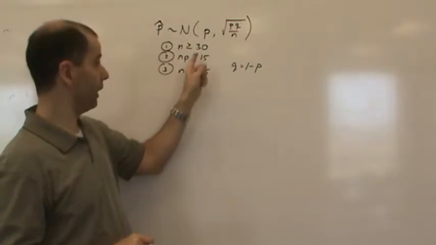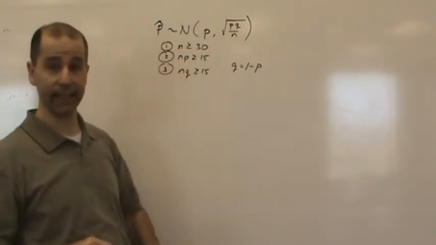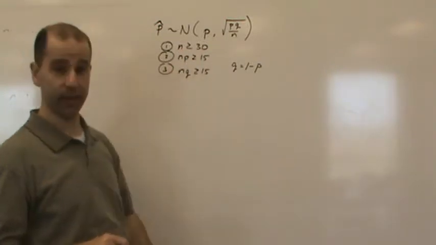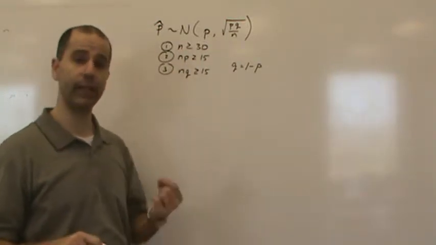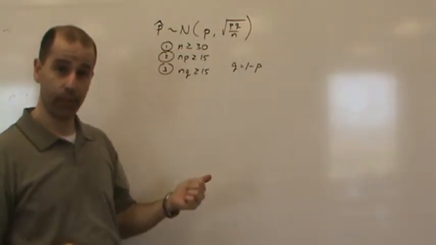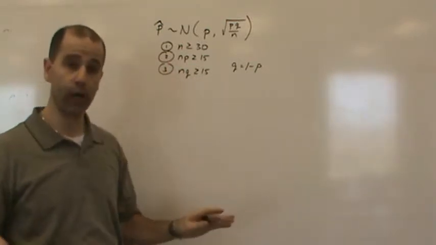So if p is 0.5, then you automatically get all 3 requirements as long as n is greater than or equal to 30. Really all you need is the minimum sample size to be at least 30, and the other two conditions will be automatically met.